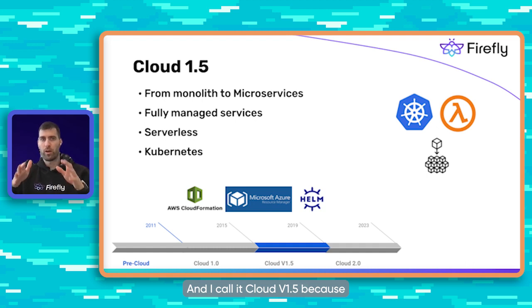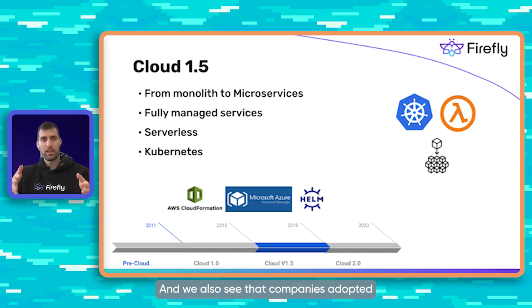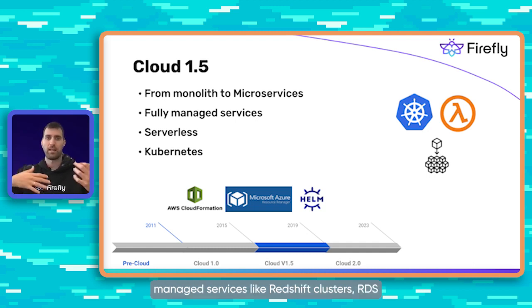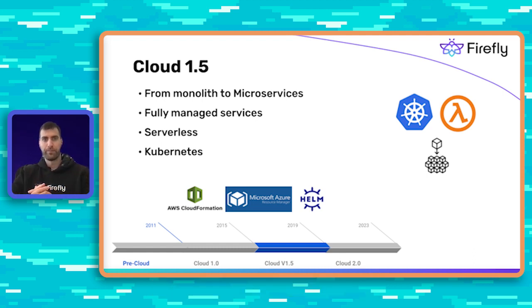Around 2015, 2016, we started to see that many companies broke their monolith into microservices, and I call it Cloud V1.5. Because we started to see that companies adopted solutions like Kubernetes and serverless like AWS Lambda to scale their infrastructure. And we also see that companies adopted managed services like Redshift clusters, RDS, etc., to scale the architecture.